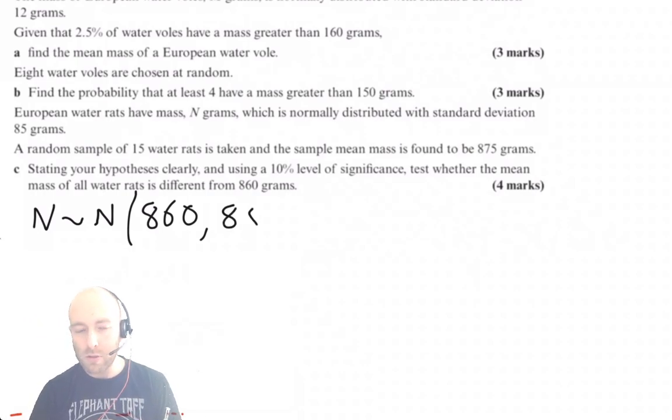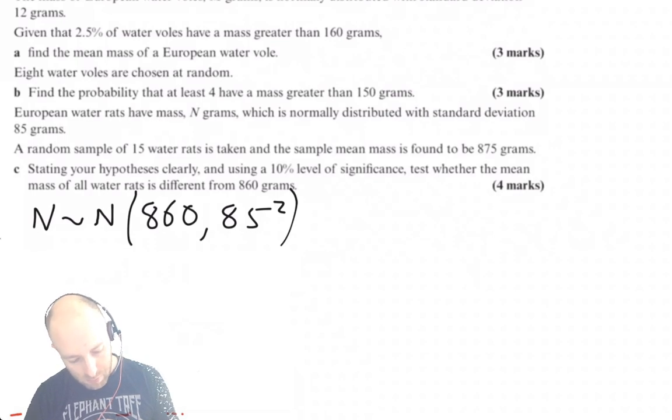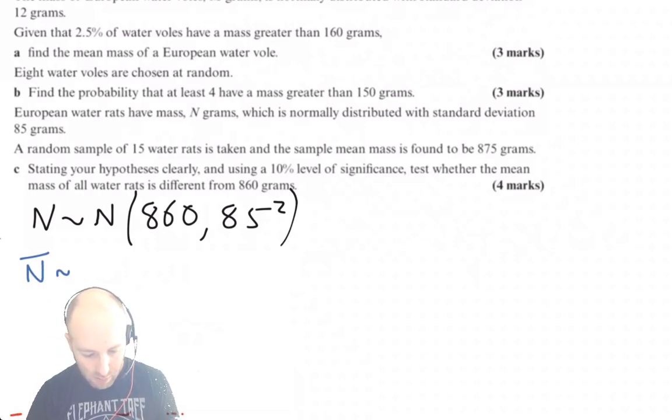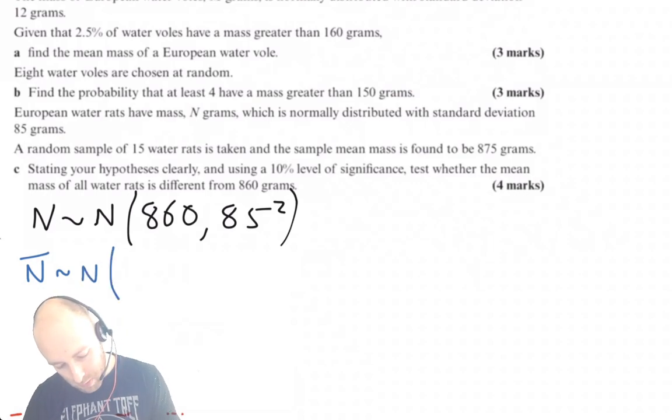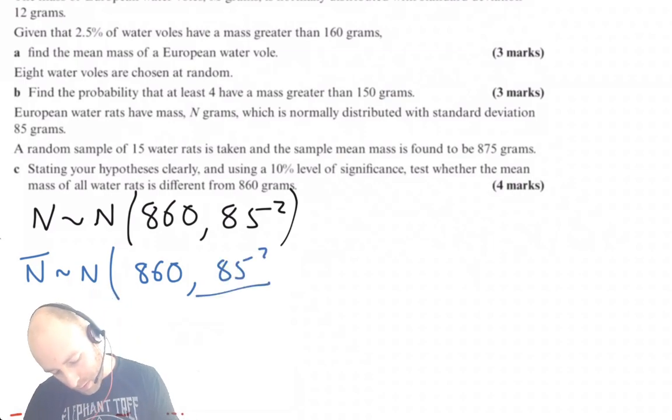So that's my population. My sample mean is going to have the same mean, and its variance is going to be 85 squared over 15, because that's our sample size.